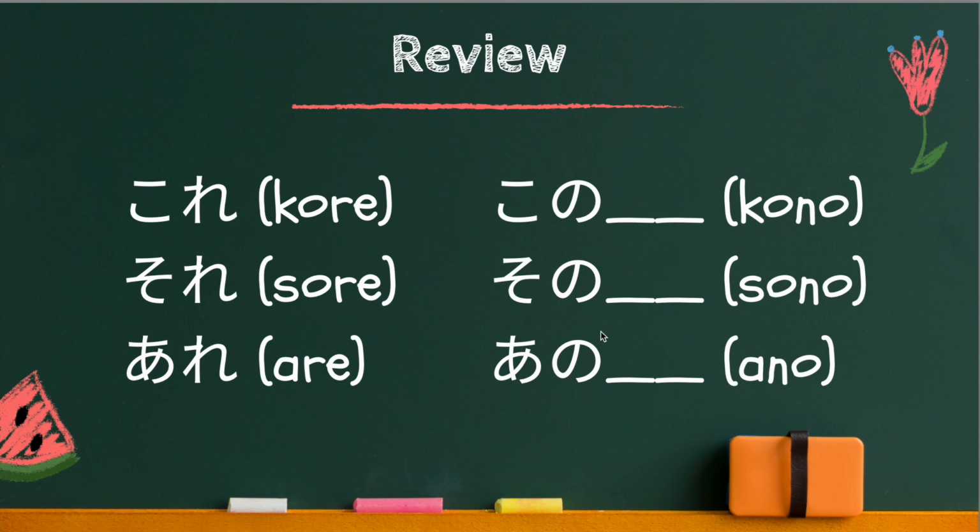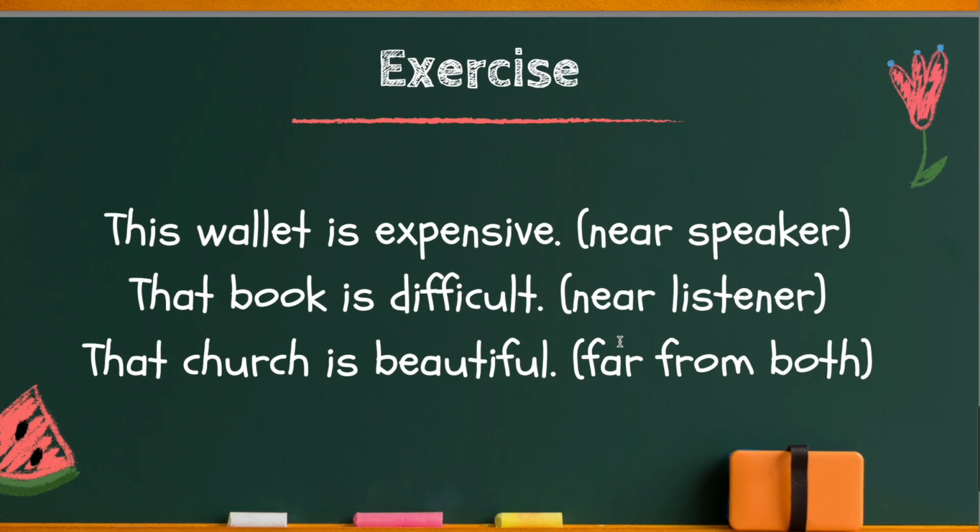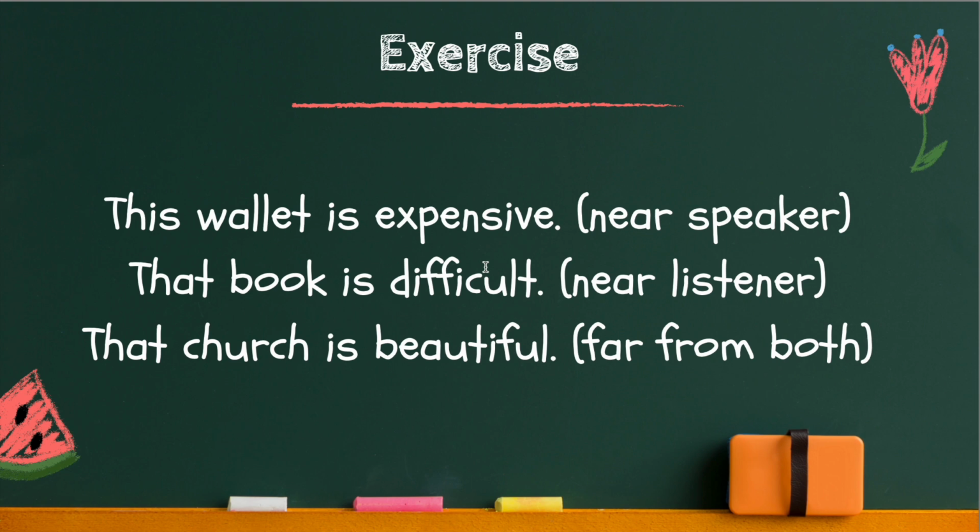So that's the big difference between これ、それ、あれ and この、その、あの. So now, I'd like you to do this exercise. Please stop the video and translate these sentences using この、その、あの. So when you are ready, please come back.